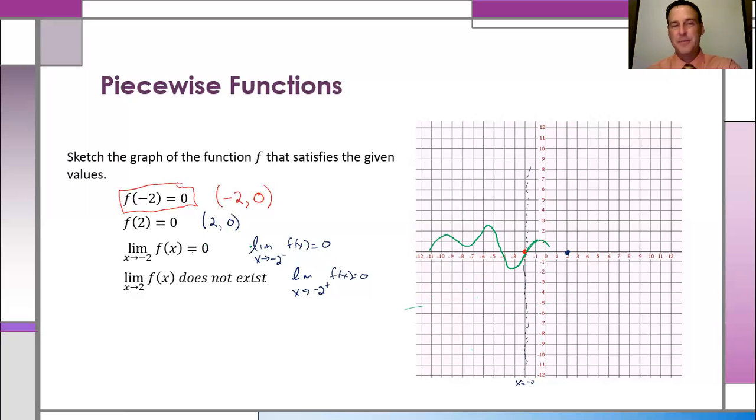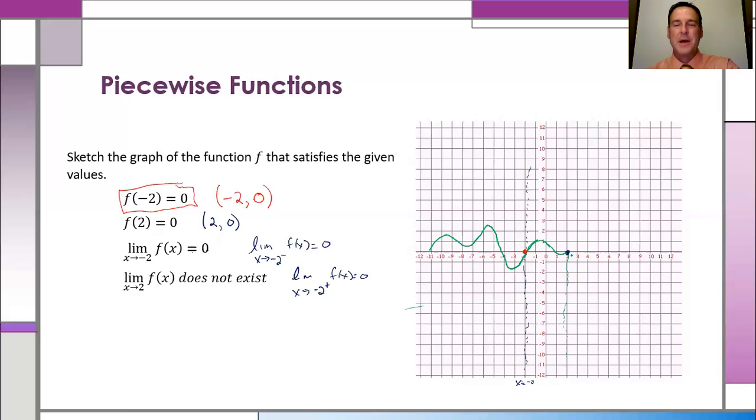All right, now the second part says the limit as x approaches 2 of f of x cannot exist, which means at x equals 2 you cannot have a limit here, but there is a value at 2 that must be equal to 0. So what I can do is come up next to it and actually touch it.